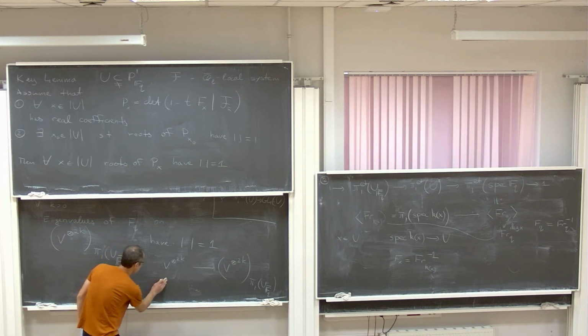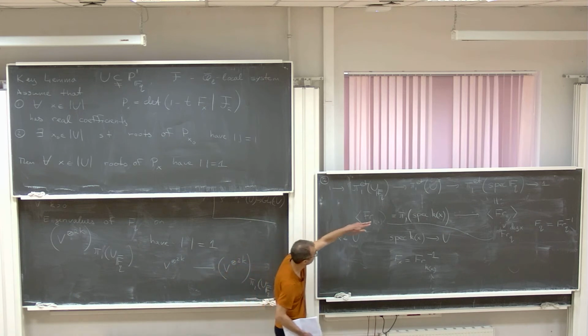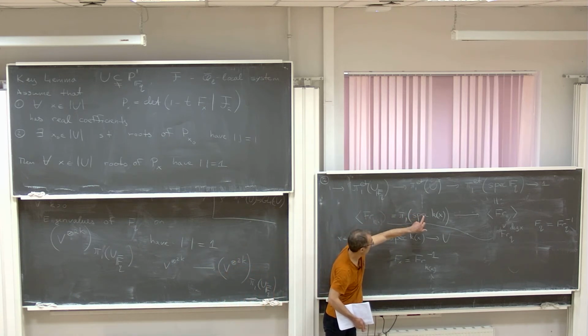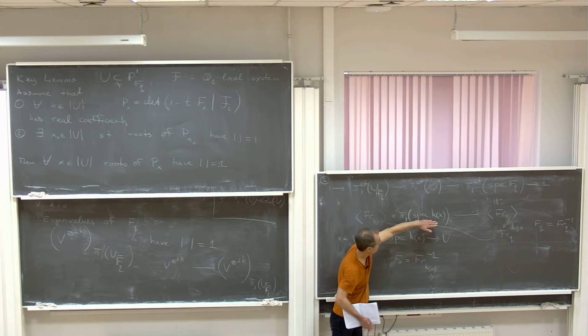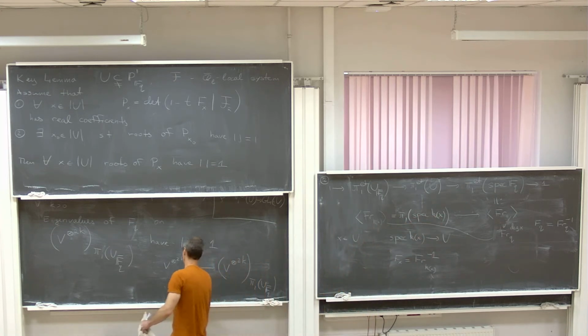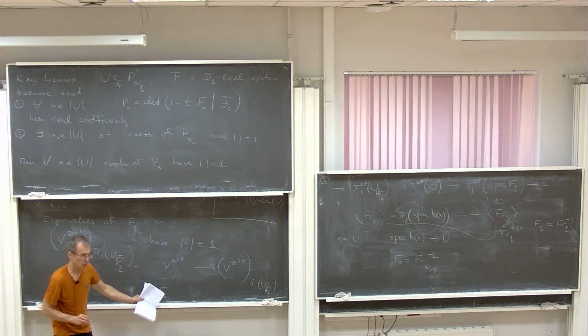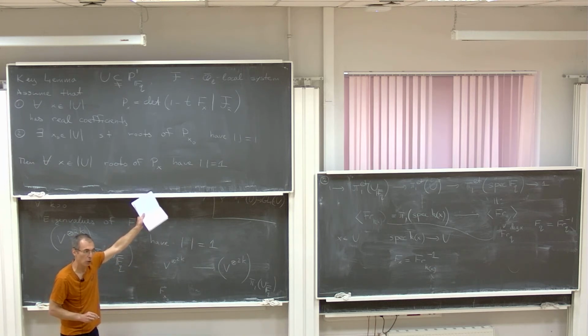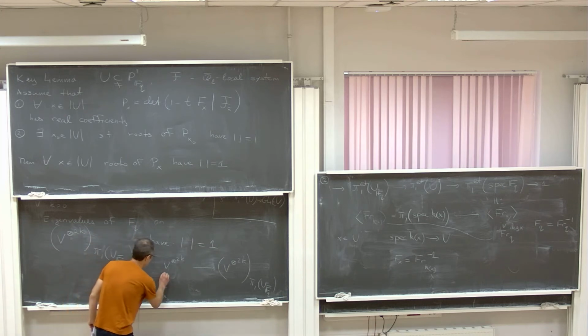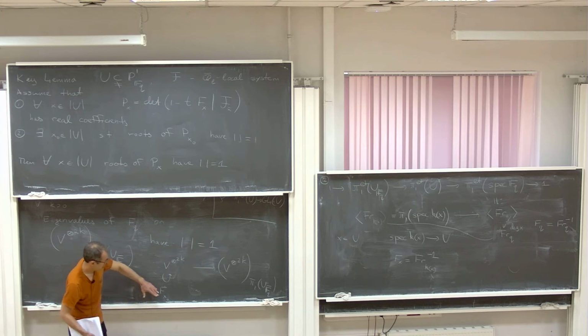And here I have various operators. In particular, I have all these Frobenii for all points x acting here. And in particular, I have my Frobenius Fx0. x0 is a special point for which I know that the eigenvalues all have absolute value equal to 1. So it acts here.